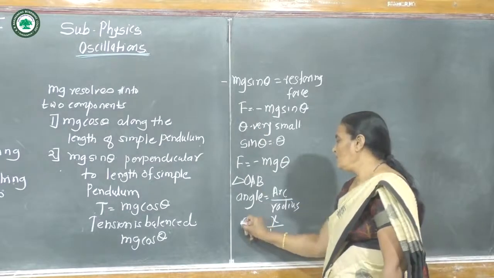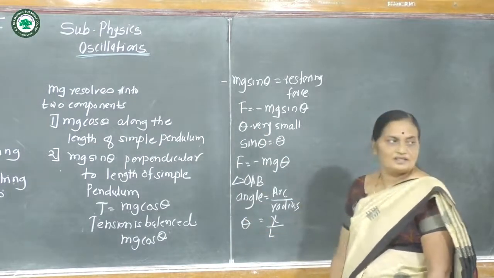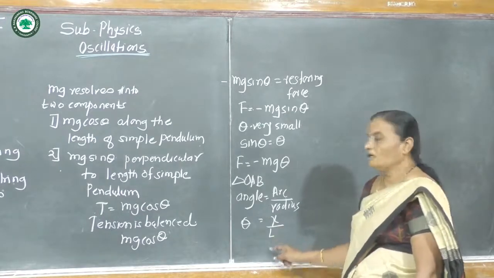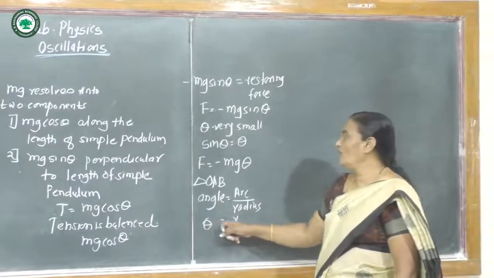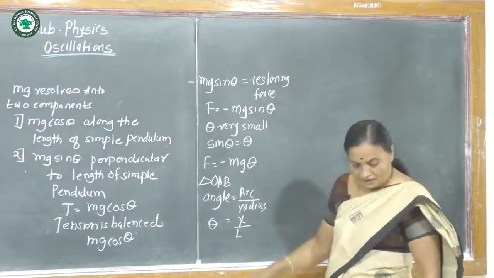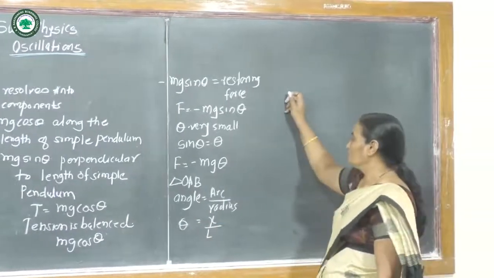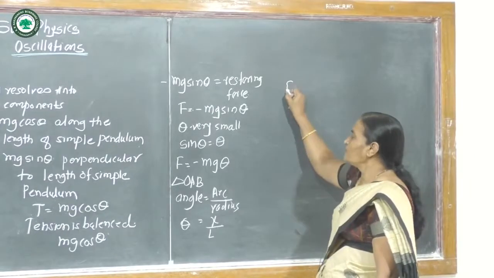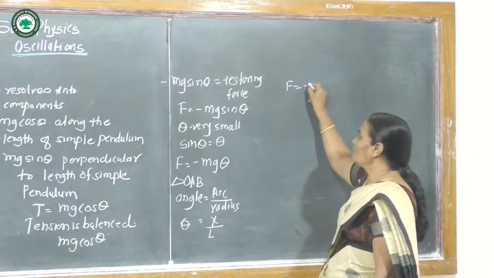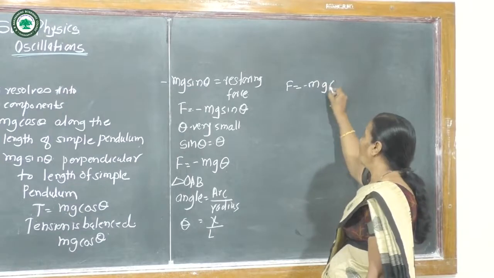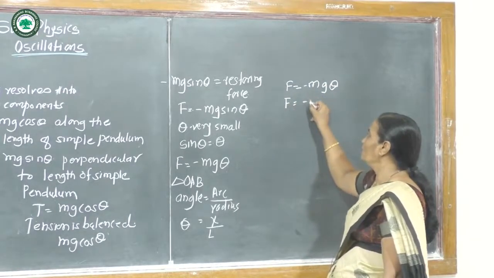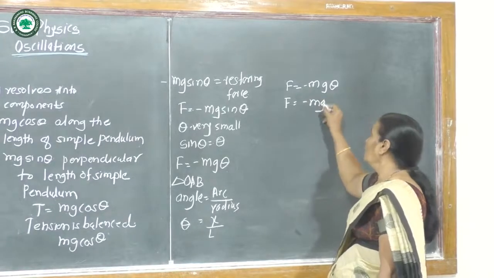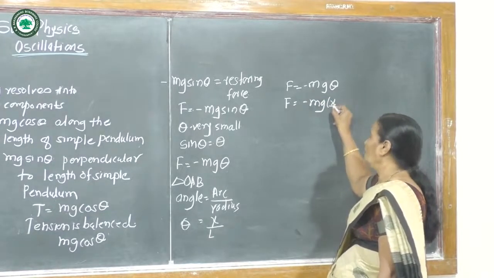So theta is equal to x upon L. Now substitute this theta in the equation F is equal to minus mg theta, and we get F is equal to minus mg into x upon L.